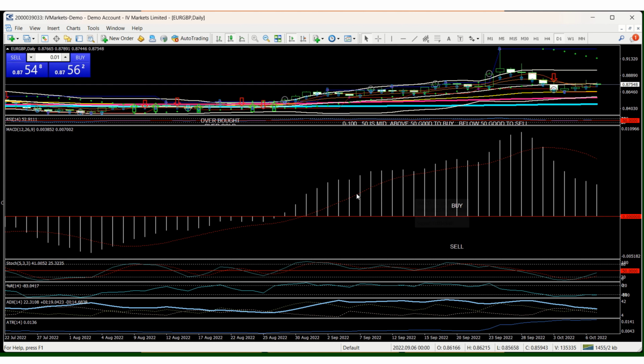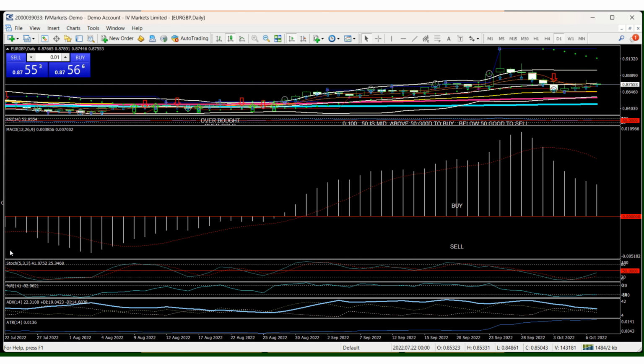Here you can find the histogram. The preceding one is made first, and the lagging one over here is the red dotted line, which you call the lagging line. So if the lagging line and the histogram are above 0, it means it's an uptrend. And if you find the lagging line and the histogram below 0, you can say it's good to sell.